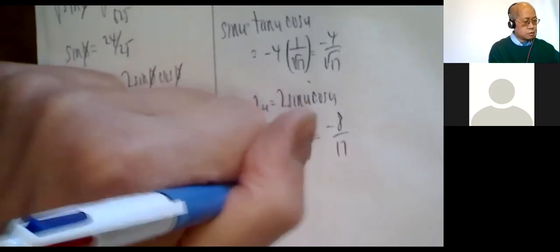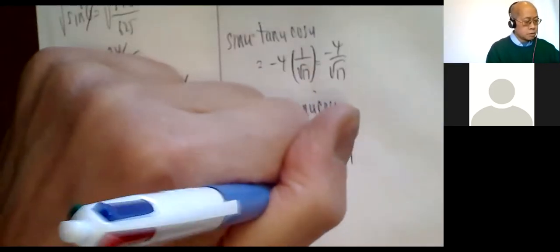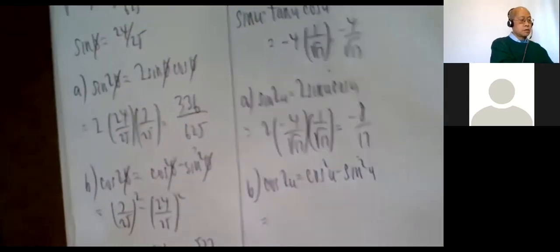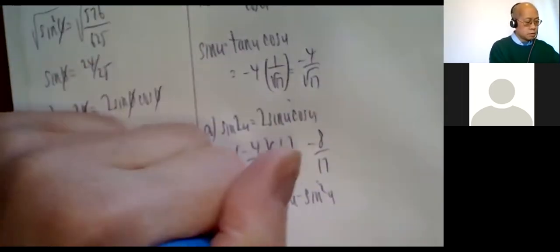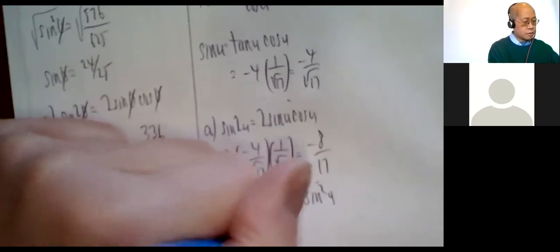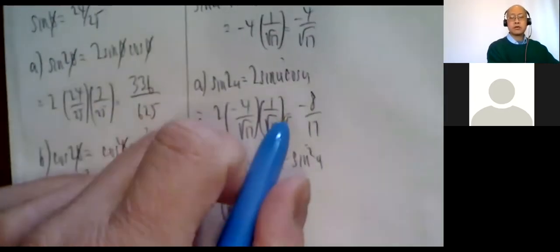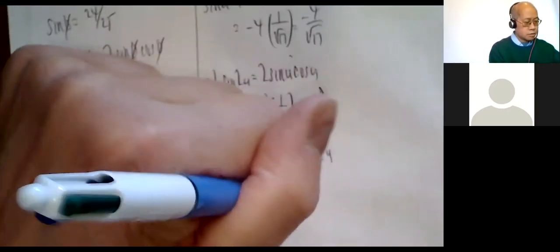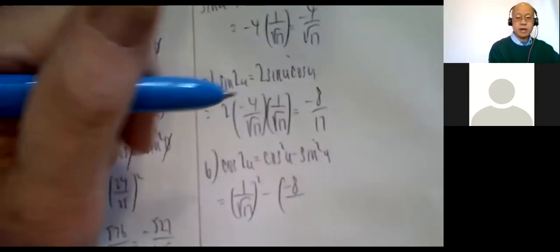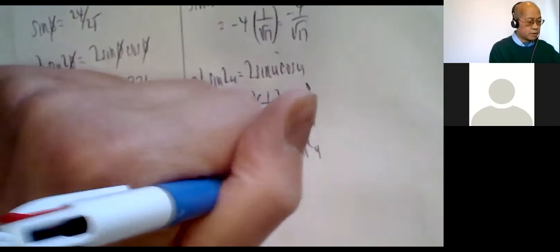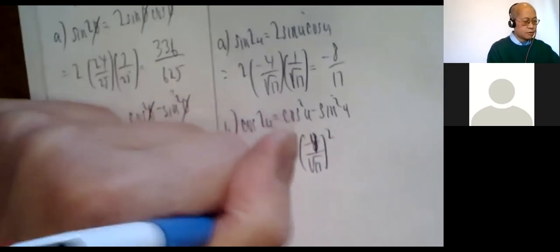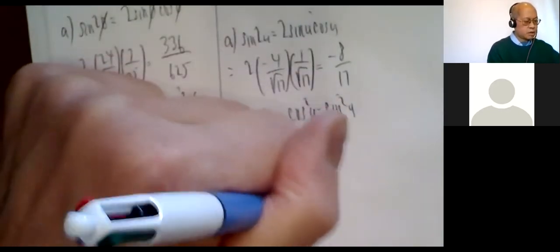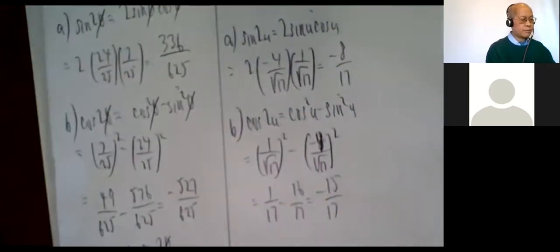The cosine 2u, by formula, is cosine squared u minus sine squared of u. So I square that, 1 over radical 17 squared, minus I square that, -4 over radical 17 squared. 1 over 17 minus 16 over 17, -15 over 17.